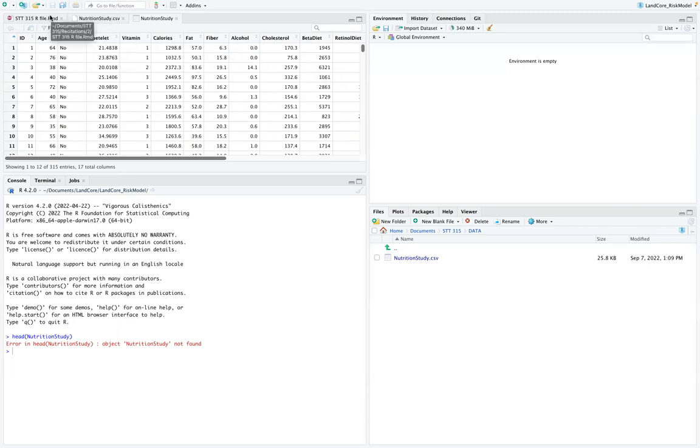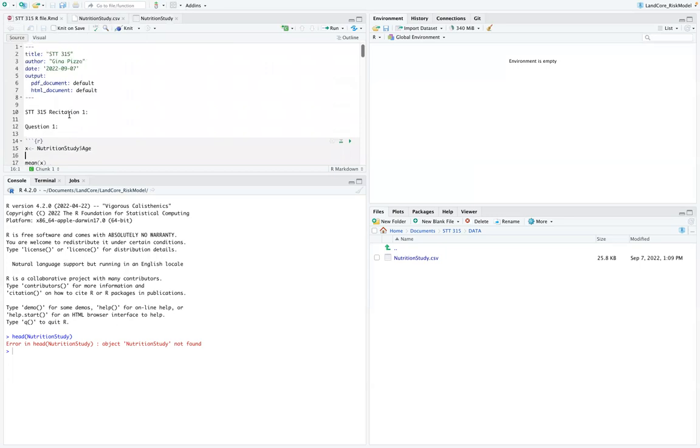In our first activity, our X is going to be the age. So this column here is what we're interested in. I'm going to name X as the age, but I don't know why this isn't working.